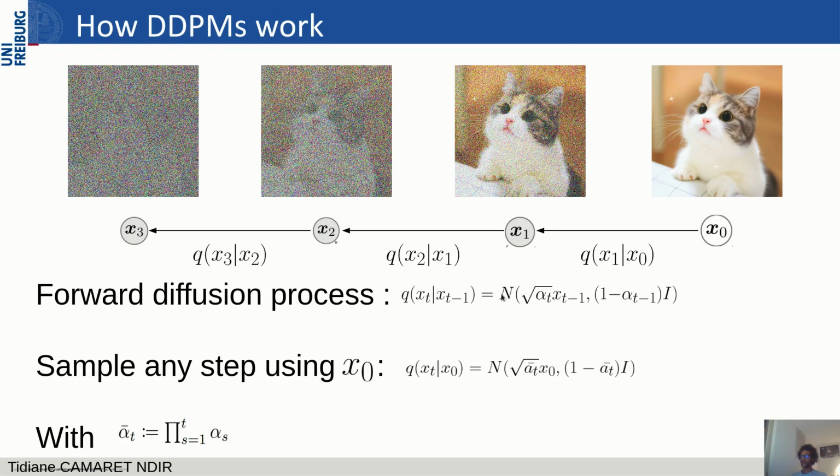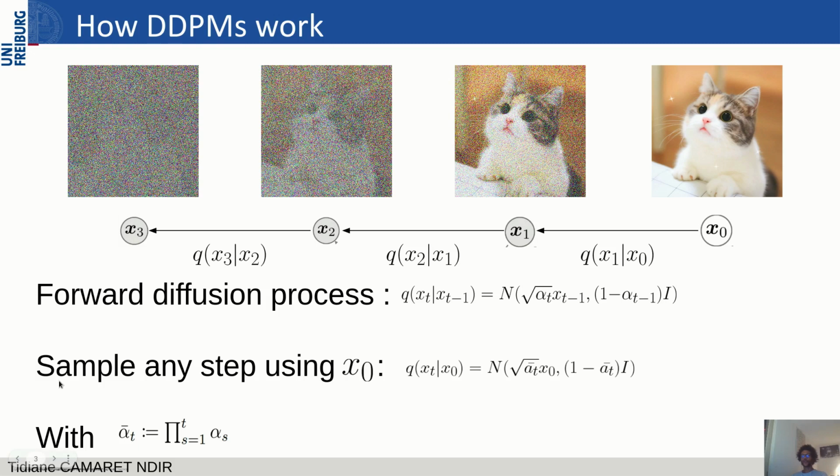So here the distribution of xt depends on xt minus 1. The process forms a Markov chain, because each step depends on the preceding step only, and not the previous ones. And you can see that the Gaussian distribution also depends on the coefficient named alpha, which is defined at every step t. These parameters control how much noise we add at each step, the goal being to end up with pure noise.